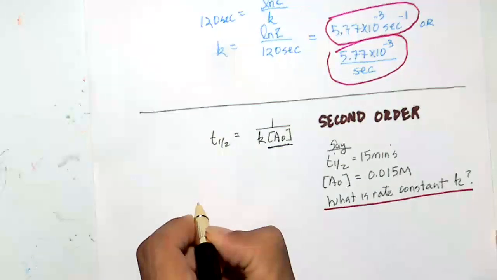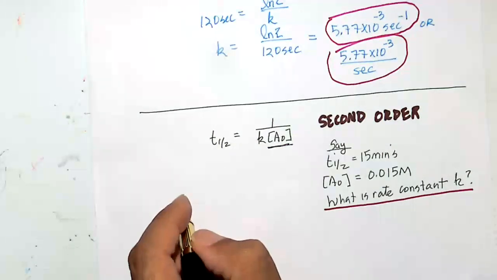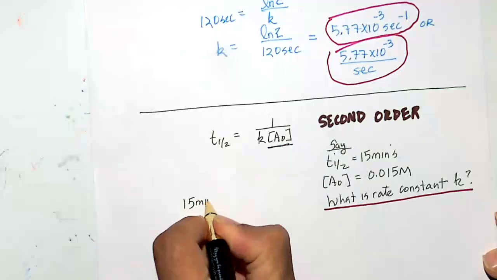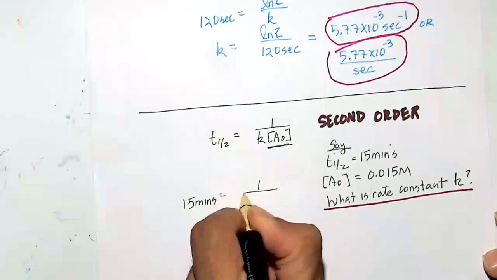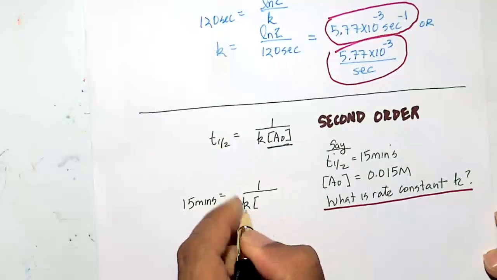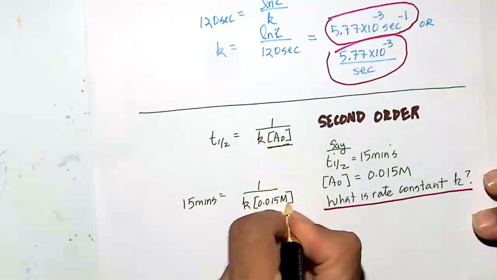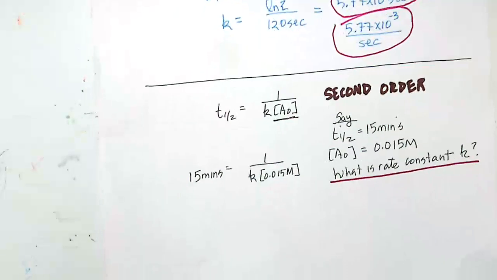Our t1/2, which is the half-life, the time in which 50% has decayed, is 15 minutes. It equals 1 over k times 0.015 big M. So just be cognizant of your units.